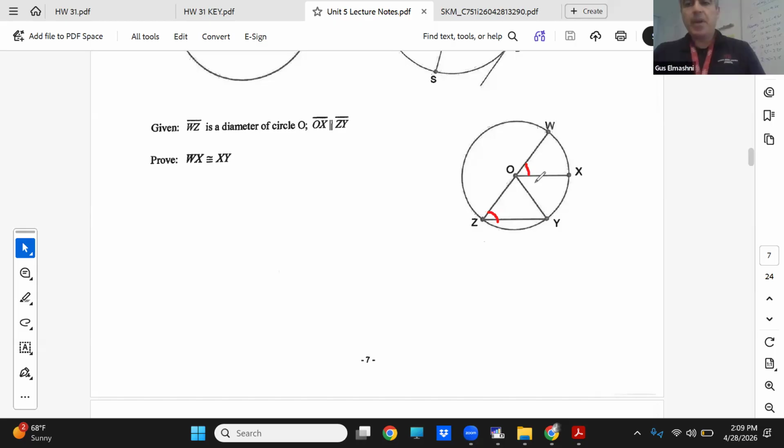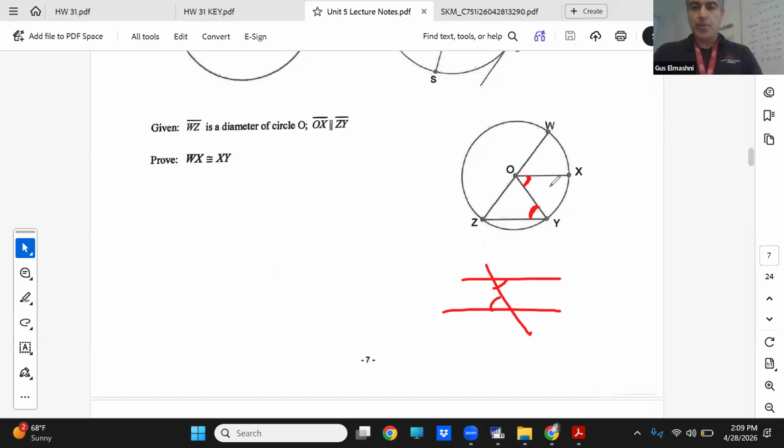I know these are the same. Those are the same. Why? How do I know those are the same? Alternate triangles. No, I'd say I would do this, right? Because you have alternate angles, two angles are the same.